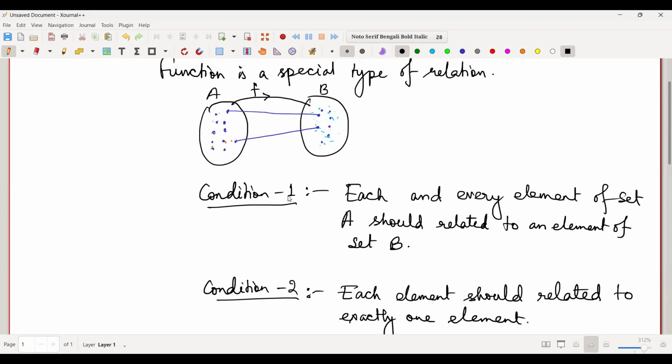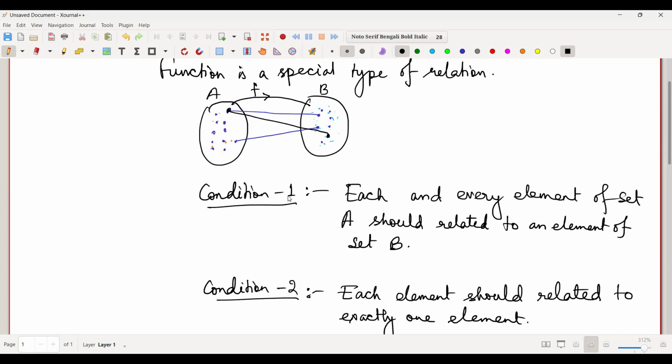That means from this set A, one element should not be mapped or related to different elements. One element should map to one element only.